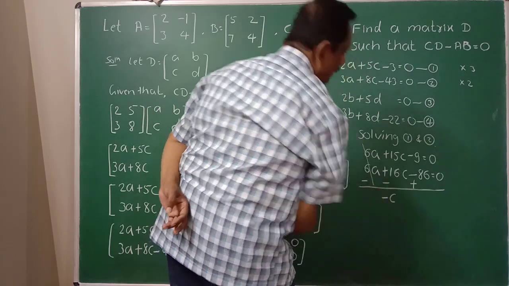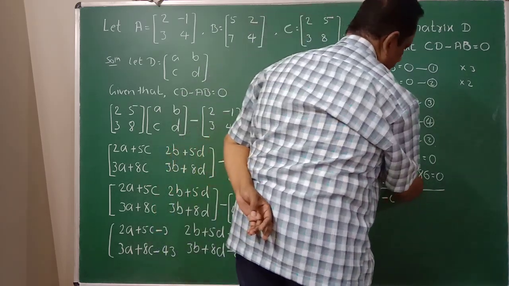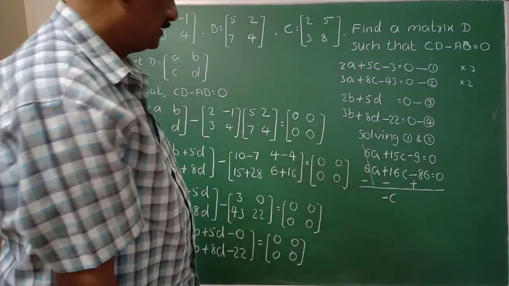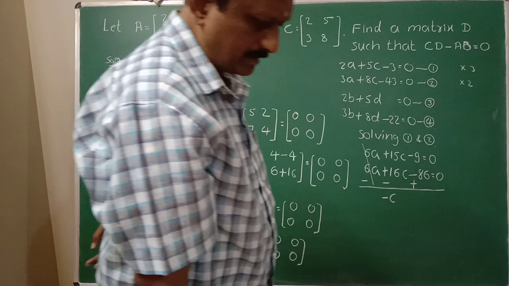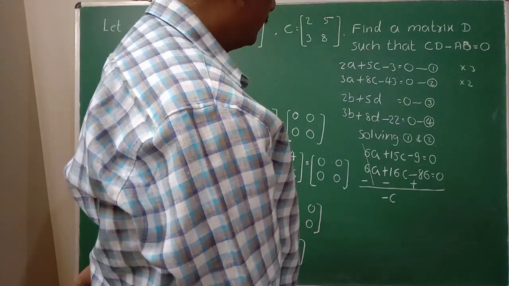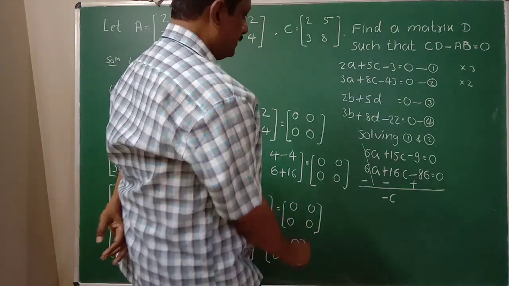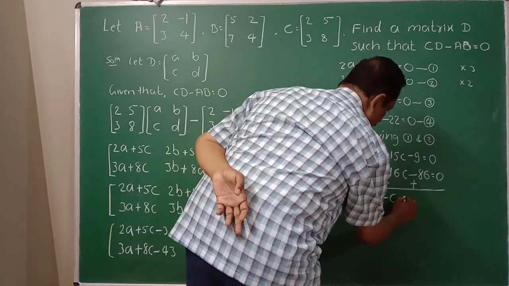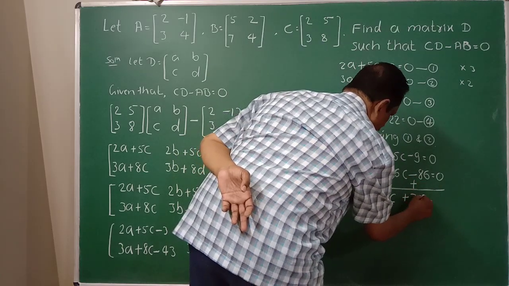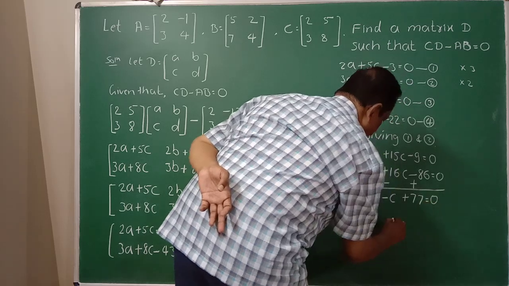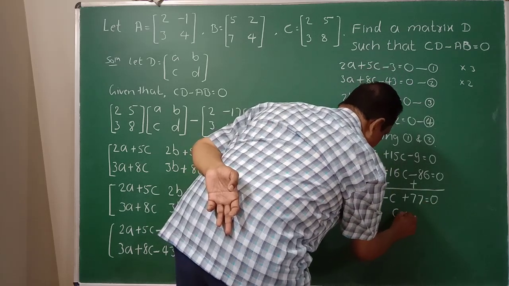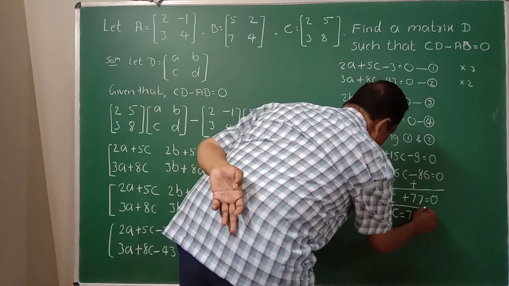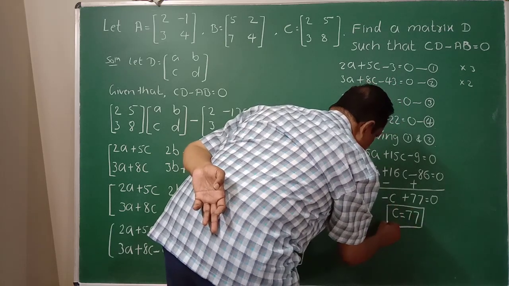Then 86 minus 9 is 77, so minus c plus 77 is equal to 0. Hence, c is equal to 77. The value of c is 77.